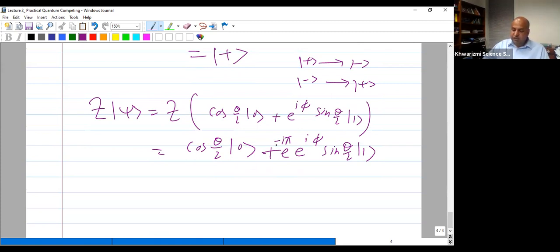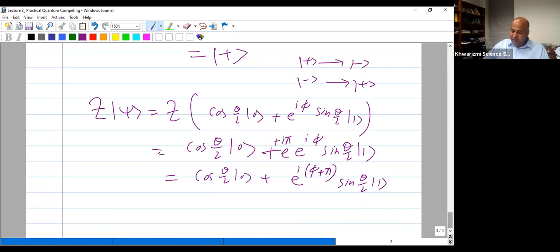So I can write this state as cosine theta by 2 0 plus exponential iota (phi minus pi) sine theta by 2 1. And I can also write it as plus pi, because it doesn't matter. Cos pi is minus 1 anyway. So for simplicity, let's write it plus pi.